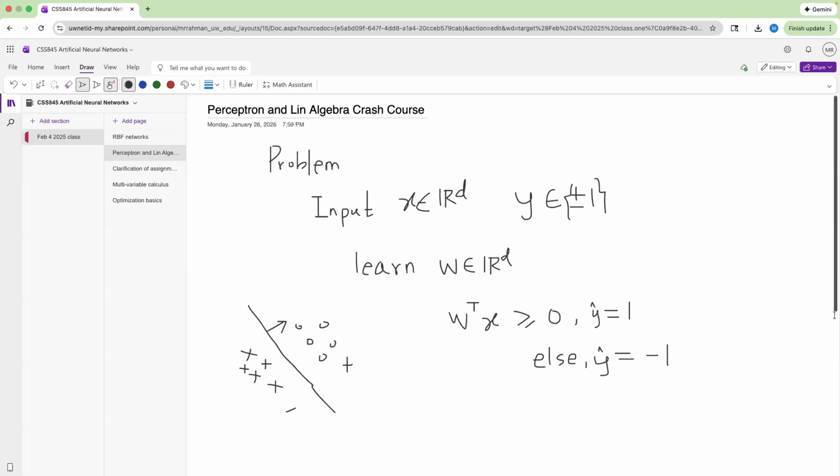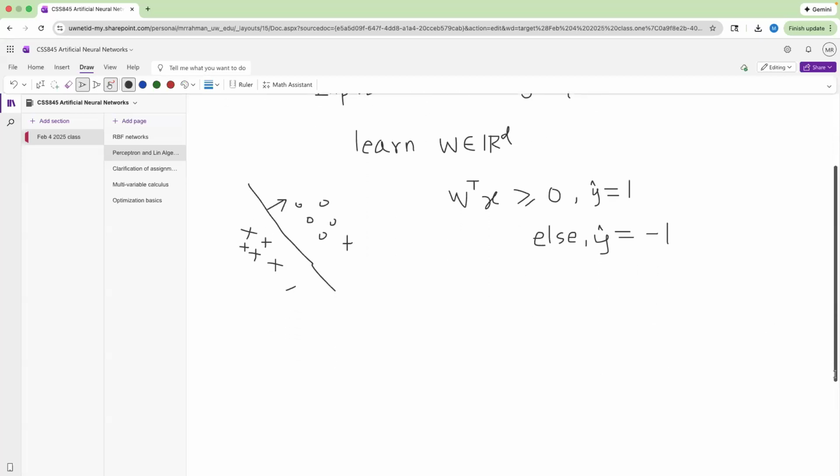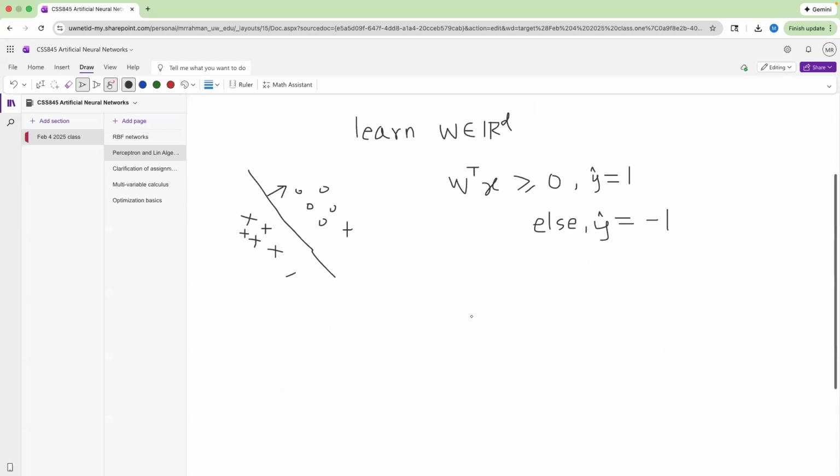Then we formulated this as follows. We have a training set of data points, these vectors xi, which we can think of as images, and you have n examples.